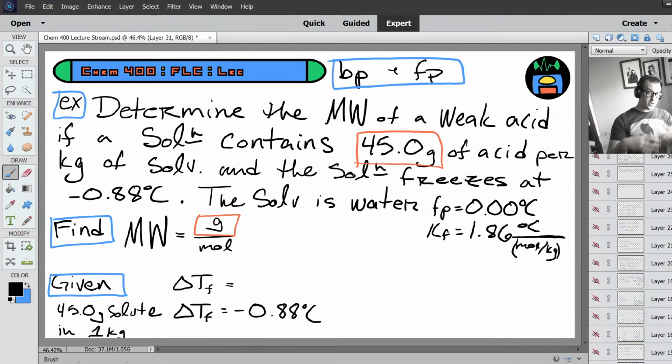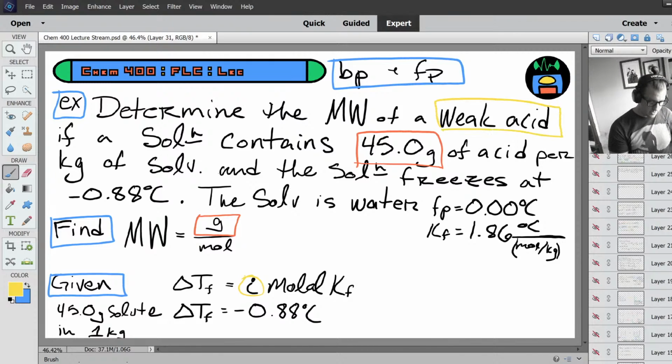So whenever you're given a value that is accompanied by an equation, you should write that equation out. The change in freezing point is the Vant Hoff factor times the molality times the Kf. You'll notice that we know what our Vant Hoff factor is because we're dealing with a weak acid. Weak acids have Vant Hoff factors of 1. We also know what our Kf is because it was given.